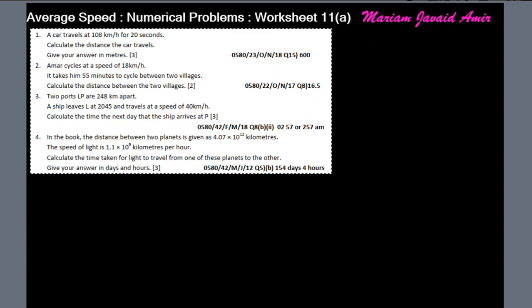Question number 4. In the book, the distance between two planets is given as 4.07 times 10 power 12 kilometers. The speed of light is 1.1 times 10 power 9 kilometers per hour. Calculate the time taken for the light to travel from one of these planets to the other. So time is distance over speed.